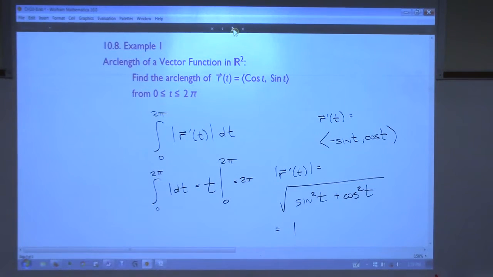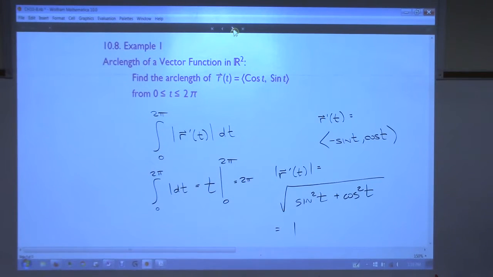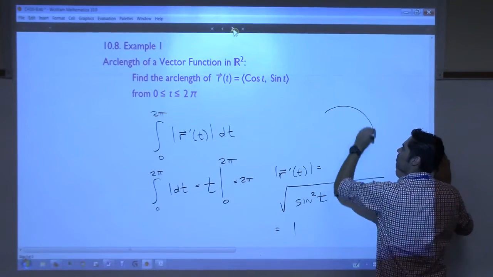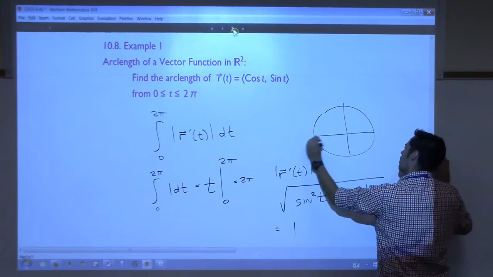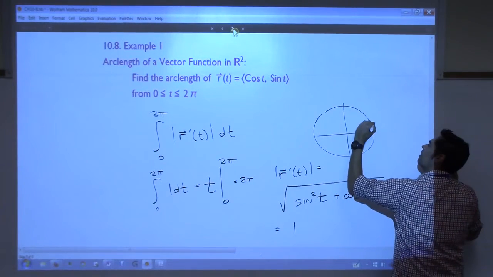Got it? But with this formula, you could actually draw less of it and figure out the arc length. So if I wanted to, here's my unit circle. What if I only wanted to know this piece right here?